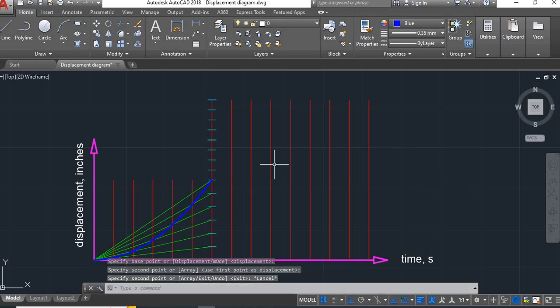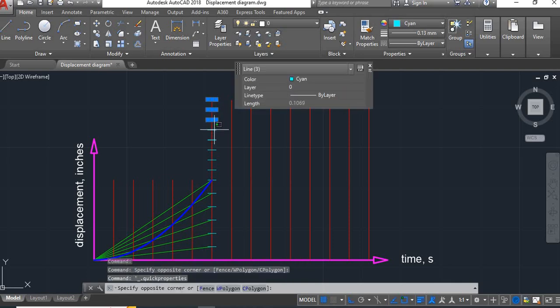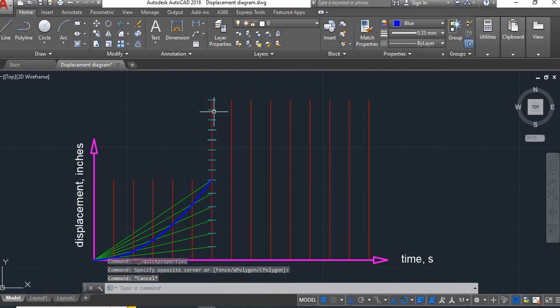Okay, so we already complete the 8 cyan lines: 4, 5, 6, 7, 8. So 8. We already divided the 1 inch line into 8.